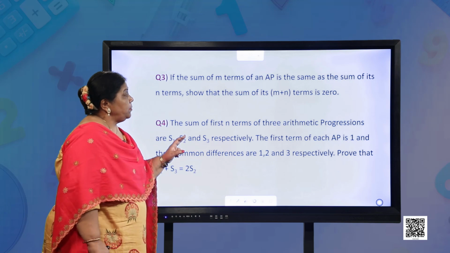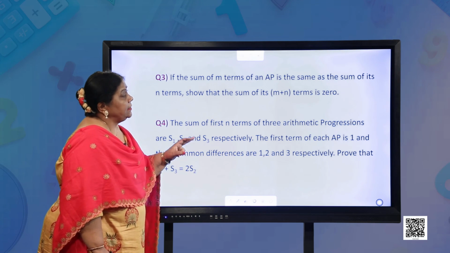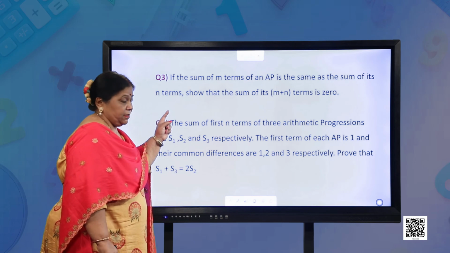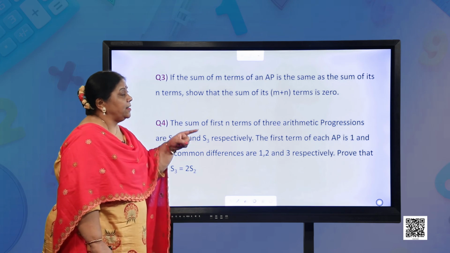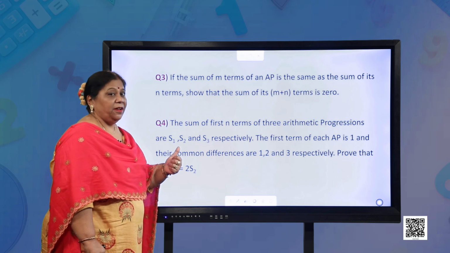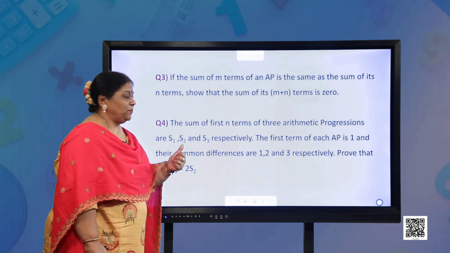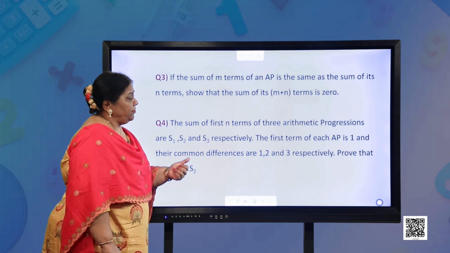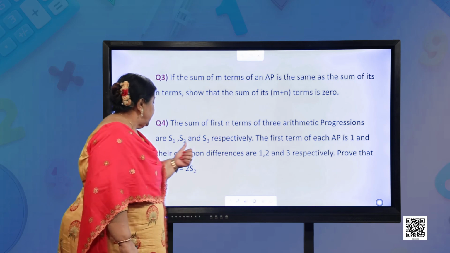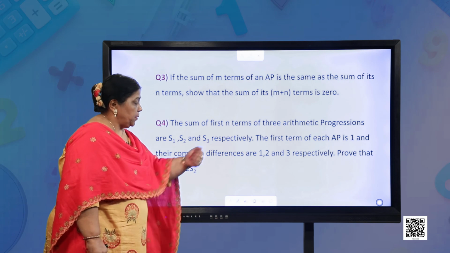Next, if the sum of m terms of an AP is the same as the sum of its n terms, show that the sum of its (m plus n) terms is 0. Very interesting question, please try, you will be able to do it, I am sure. Question number 4, the sum of first n terms of 3 arithmetic progressions are S1, S2 and S3 respectively.